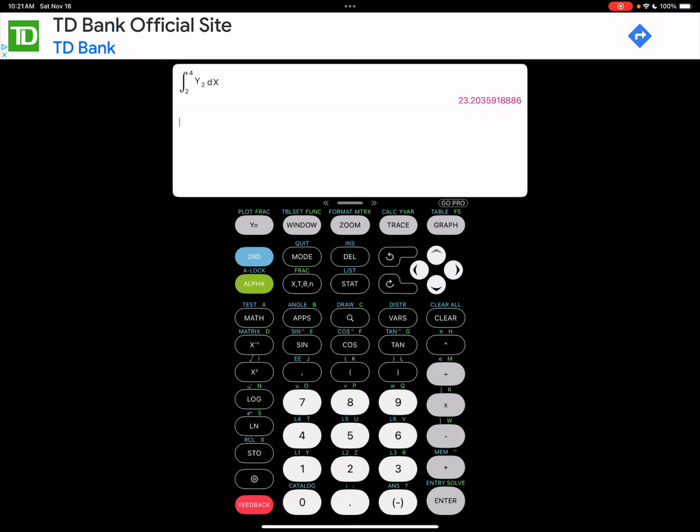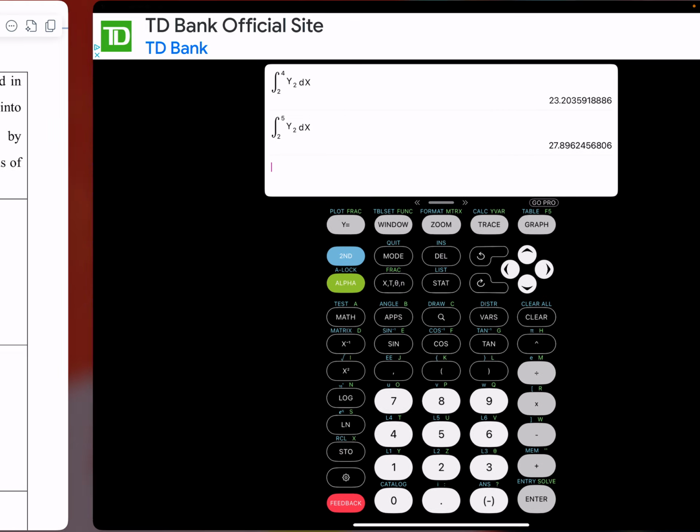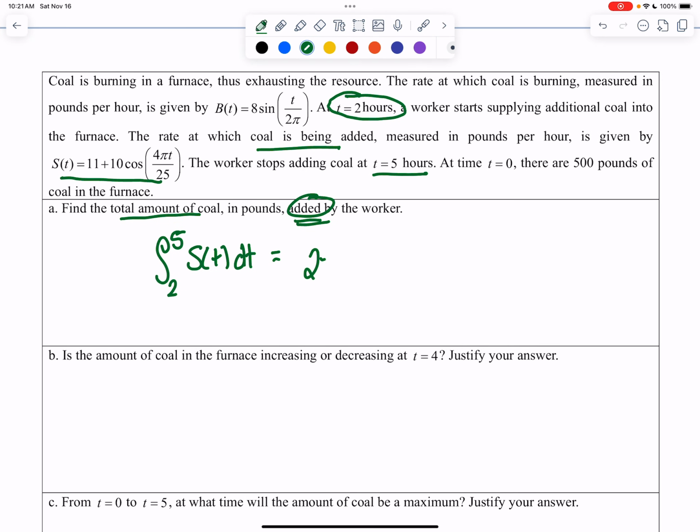Not 2 to 4, 2 to 5. Oops. 2 to 5. That's going to give me 27.896 pounds. So that's going to be my answer there: 27.896 pounds.